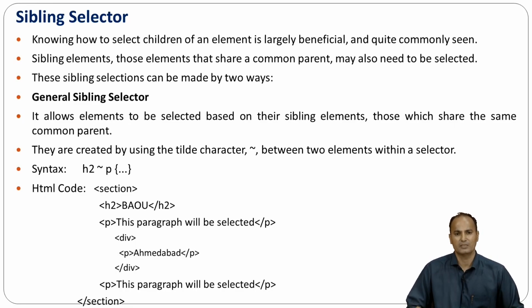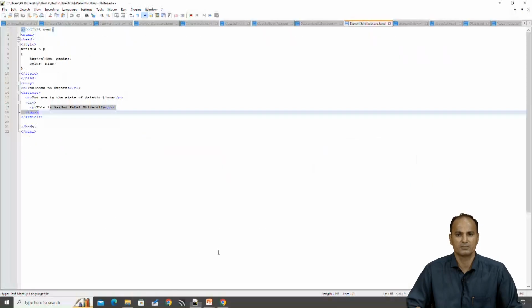So what does it mean? That means they both must share a common parent. Okay. On all those tags the CSS effect will be applicable. Let's have a practical one so that we can understand in a better way.